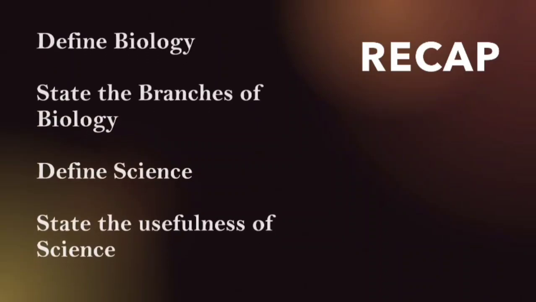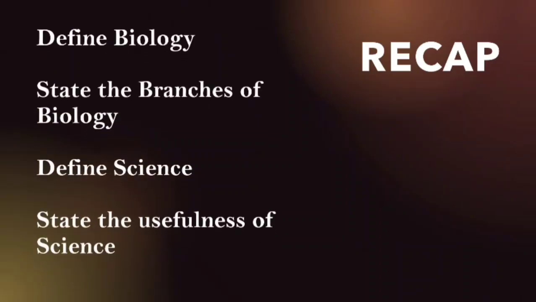So let us recap. We have defined biology as the study of living things, that is plants and animals. We also stated the major branches of biology to be zoology and botany. Zoology is the study of animals, while botany is the study of plants.